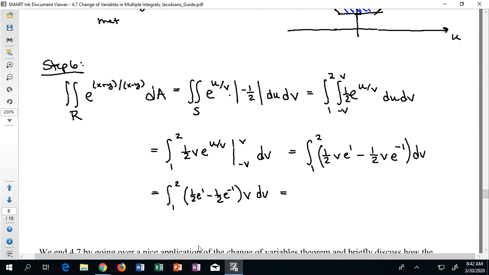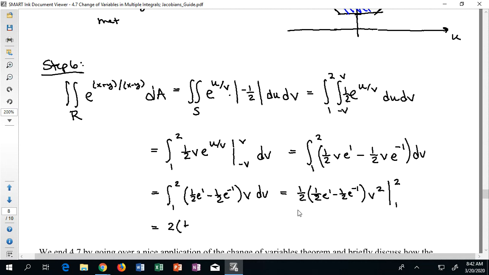I'm just going to have a 1/2 constant v squared, and I evaluate from 1 to 2. When I plug in the value of 2, notice that I'm going to end up with 4 chopped in half, or actually if I pull out this 1/2, it could go even further, but I'll leave it in this way.